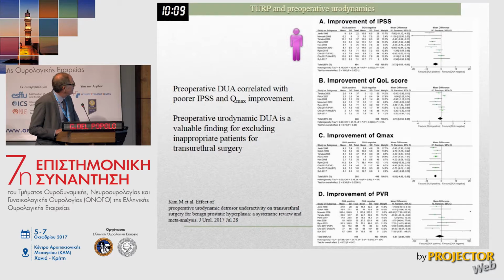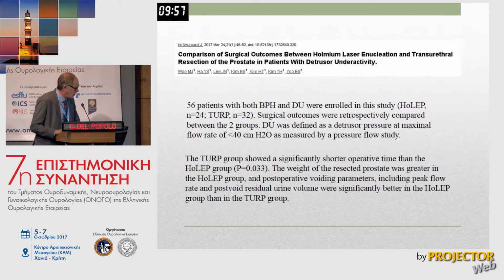And this is also a way to study with urodynamics, also to sometimes avoid surgery for inappropriate patients. And if we compare some kinds of treatment using laser, this study demonstrated that HoLEP usually improves the voiding pattern much more than TUIP.